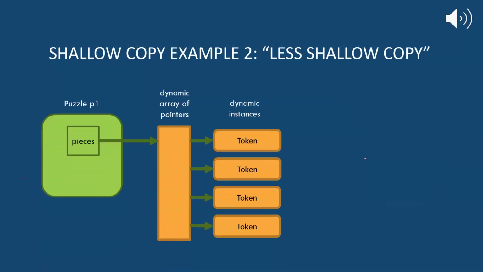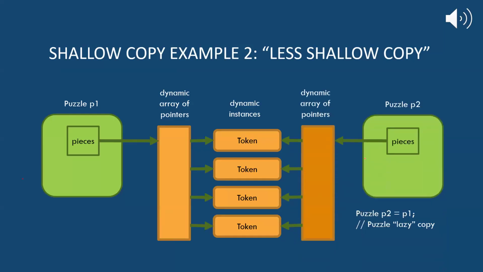A less shallow copy could be something like this. It's a little bit silly, but we could take control of this, be a little lazy about it and say, well, I'll make my own array here, but I'm going to borrow your puzzle pieces. So it's still not a true complete copy.